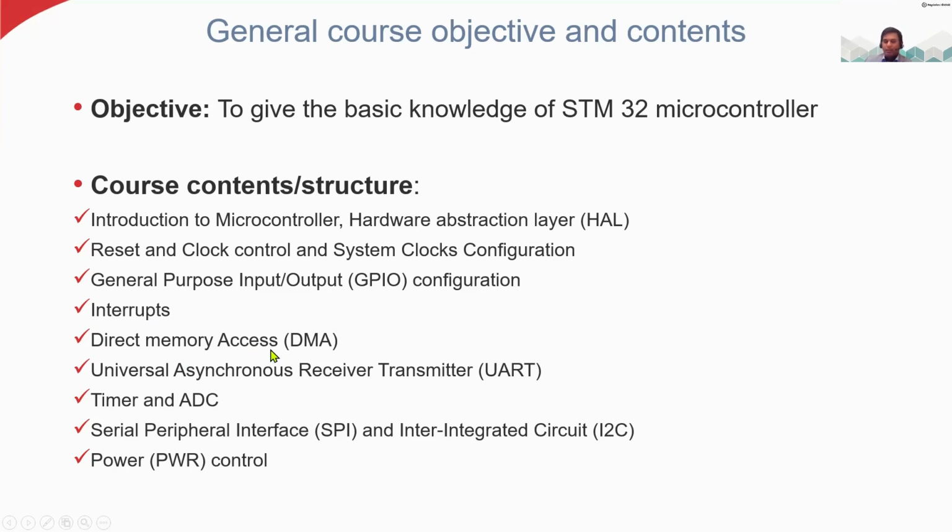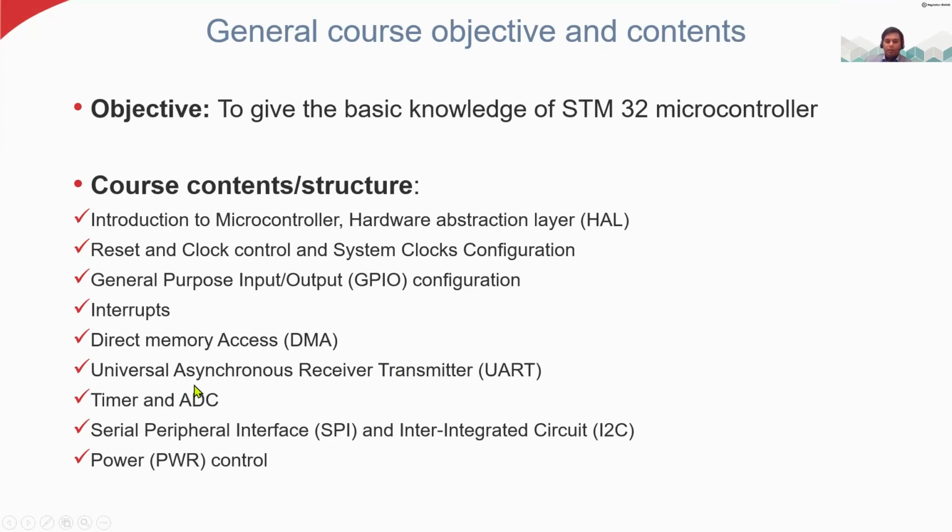The microcontroller has onboard memory, and sometimes we also get data from external memories. So without using CPU resources, how can we transfer the data from memory to the processor to handle the data? That is what direct memory access is. We will see the detail later in the upcoming lectures.